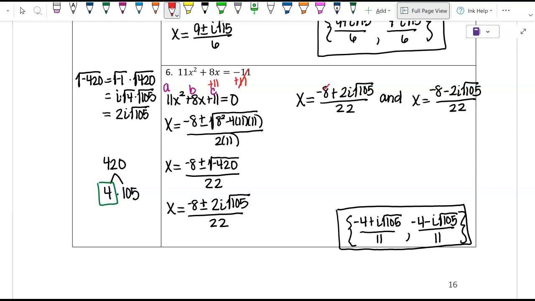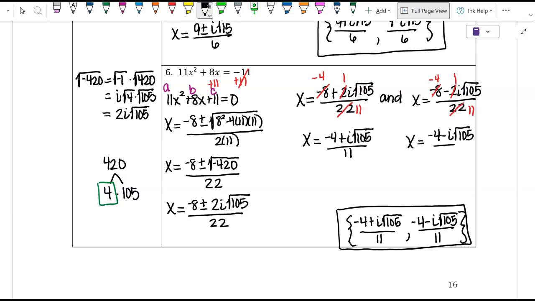They are all divisible by 2, so the -8 becomes a -4, the 2 becomes a 1, the 22 becomes 11, giving me x equals -4 plus I radical 105 over 11. And then I can do those same reductions on the other side, -4, 1, and 11, giving me x equals -4 minus I radical 105 divided by 11, which then does become our solution set.